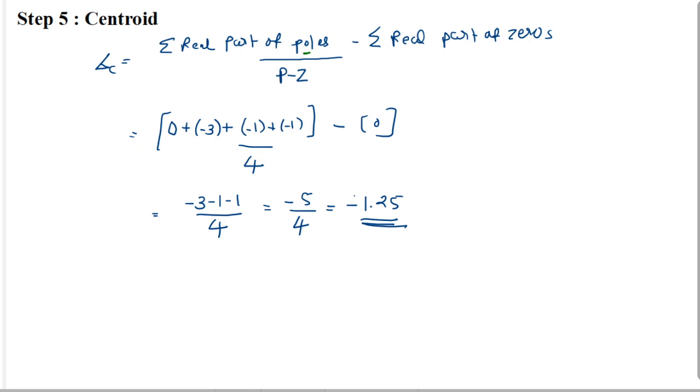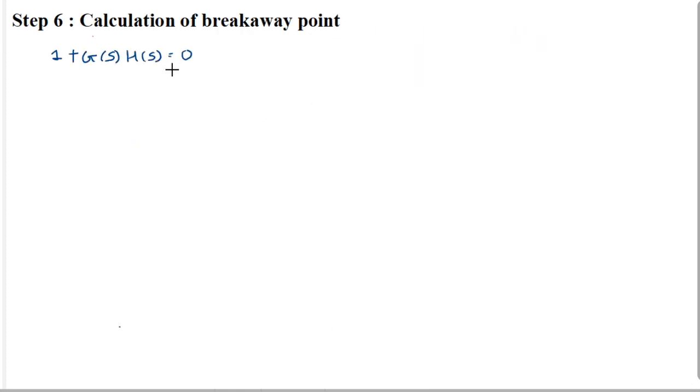Okay. Now step number 6, calculation of breakaway point. We know the characteristic equation is 1 plus g of s h of s equal to 0. Here I am putting g of s h of s, that is k times s into s plus 3, over s square plus 2s plus 2, equal to 0.